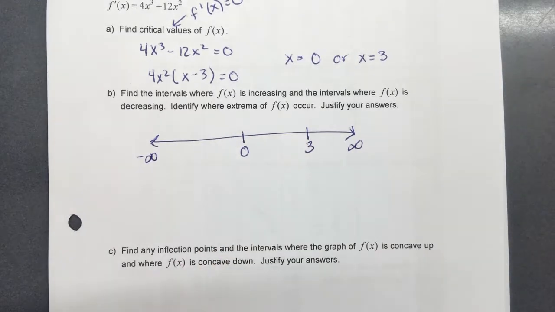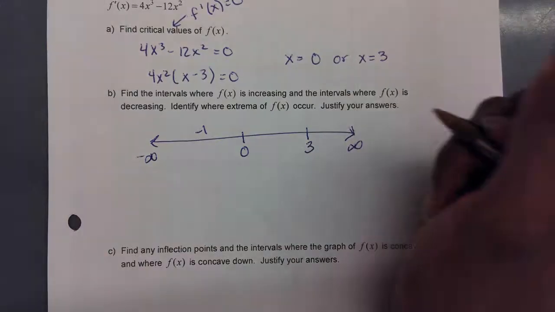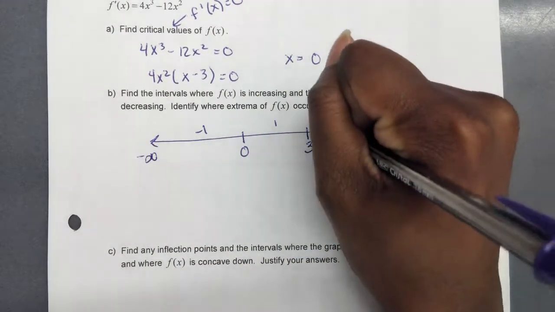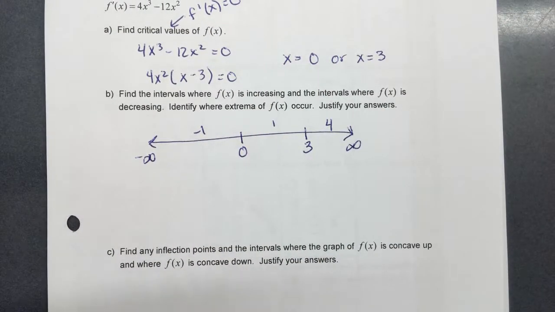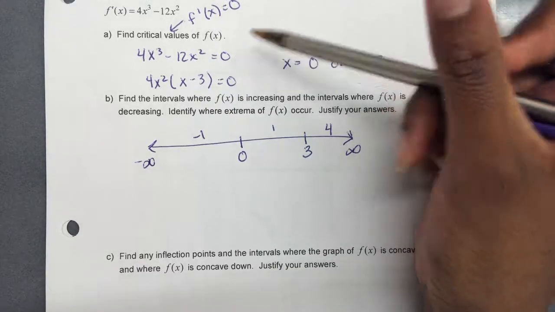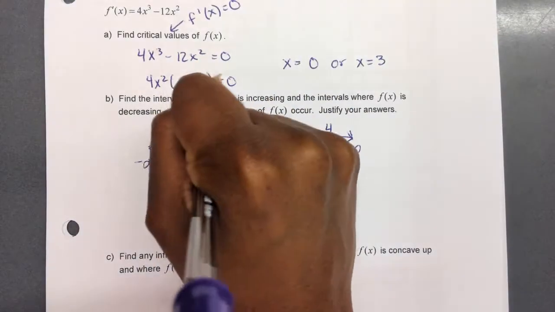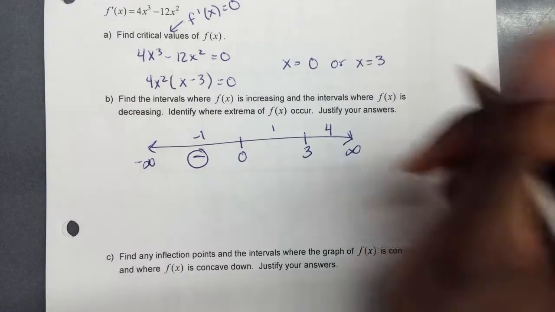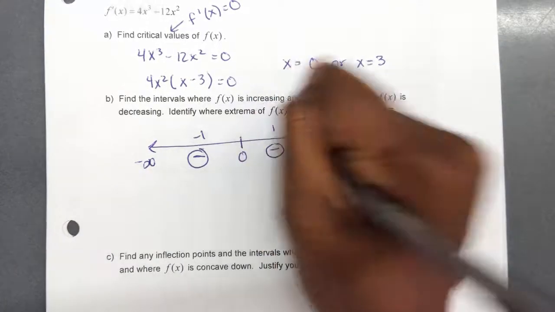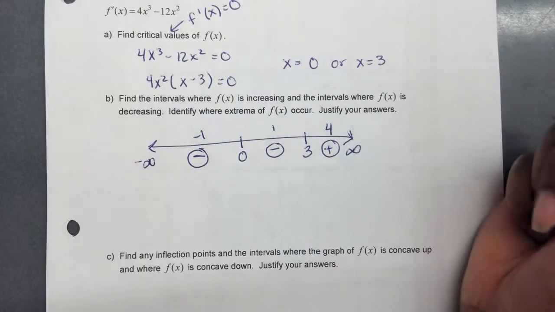So if we choose some test numbers, so if I chose negative 1, 1, and 4, and plug it into our derivative, we'll find that we get a negative number, and then a positive number.